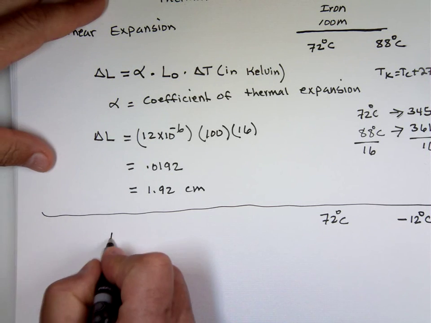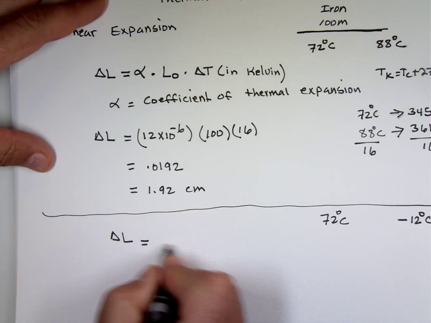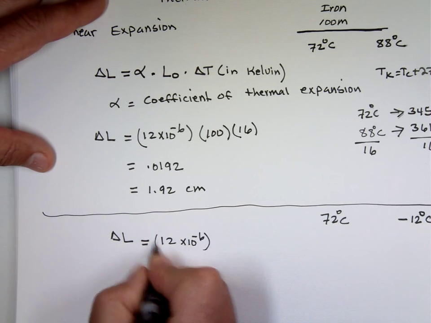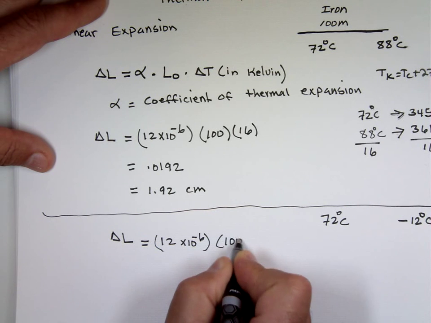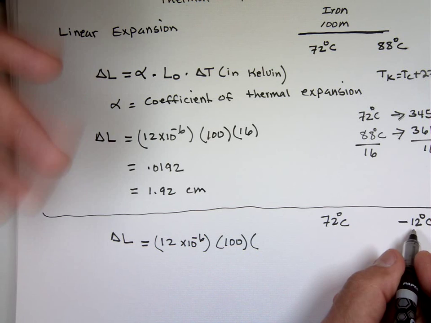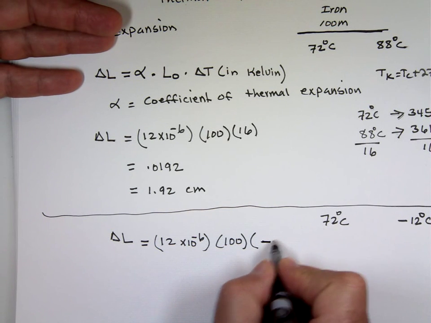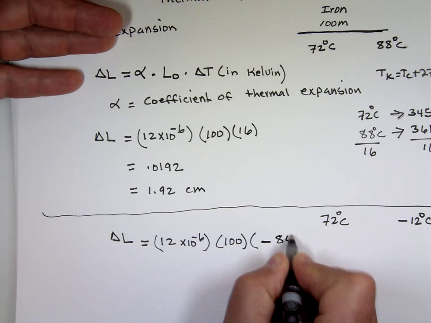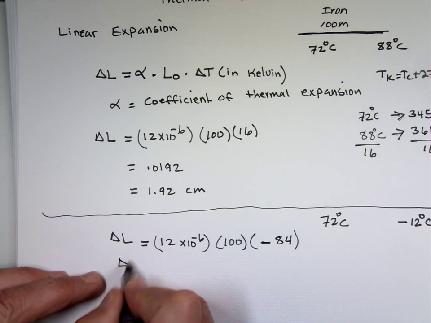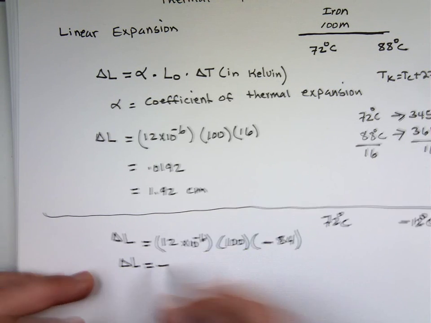So the change in the length is the same track, the same length. The final temperature minus the initial, that's the change in temperature. Final minus the initial is negative 84 degrees. So instead of expanding, what's going to happen to it? It's going to shrink.